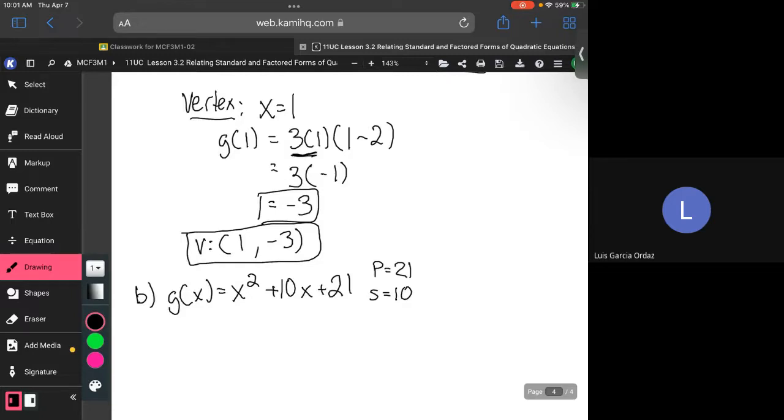What are they? 7 and 3. So 7 times 3 gives me 21, which is good. And 7 plus 3 gives me 10, which is also good.